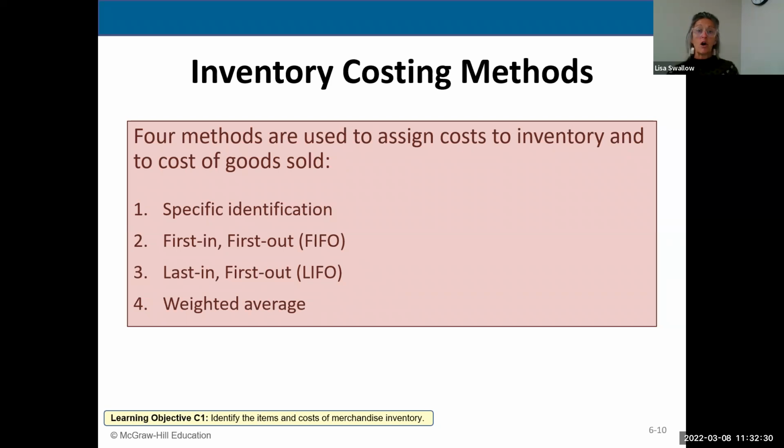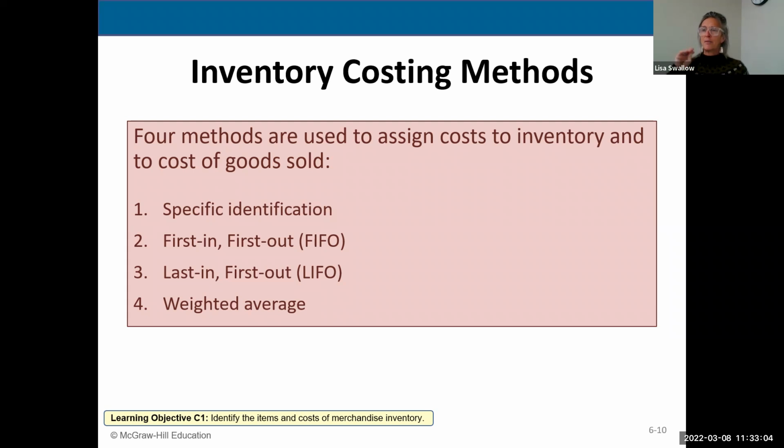So these are the costing methods that I was talking about. There are 4 that are widely used. Specific identification really is only used with really high cost, easily identifiable things. Like say my inventory is diamonds or special gems or high-end cars or very specific electronics or clothing.